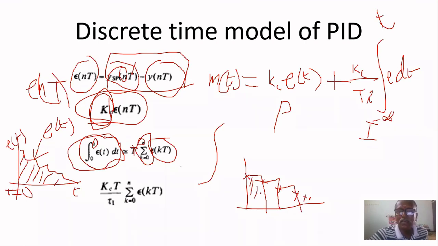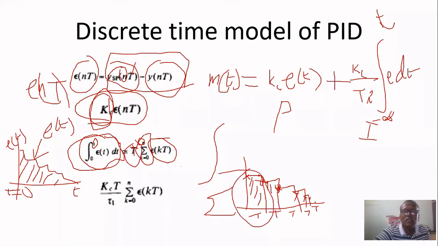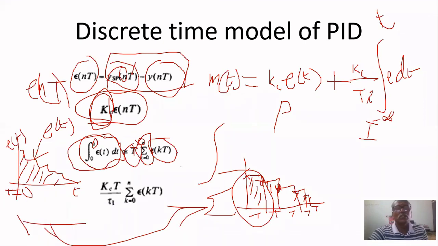The sampled value multiplied by T, so you can put T outside. The sampled value is the error e(kT). If you sum all the areas, you will get this area. Both are almost identical if the sampling period is very small. So sigma k equal to 0 to n of e(kT) multiplied by sampling period T.